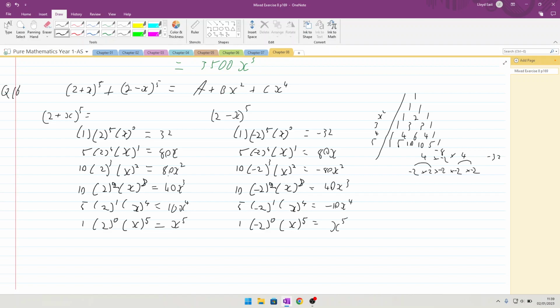Now as you come across, we're adding this one to this one. So we end up with 0 plus 160x, that becomes 0 plus 80x cubed, that becomes 0 again, and 2x to the 5, sorry.